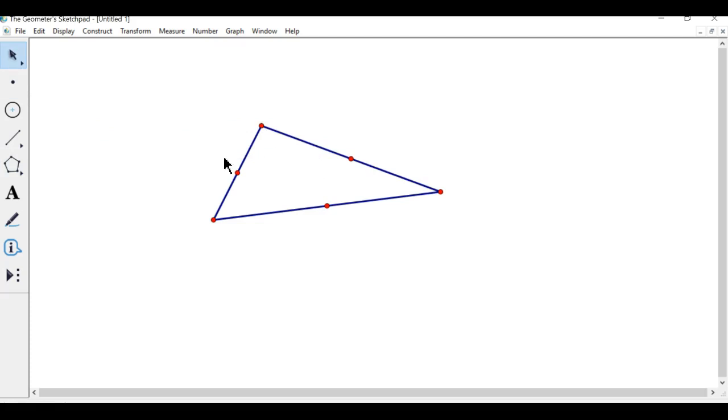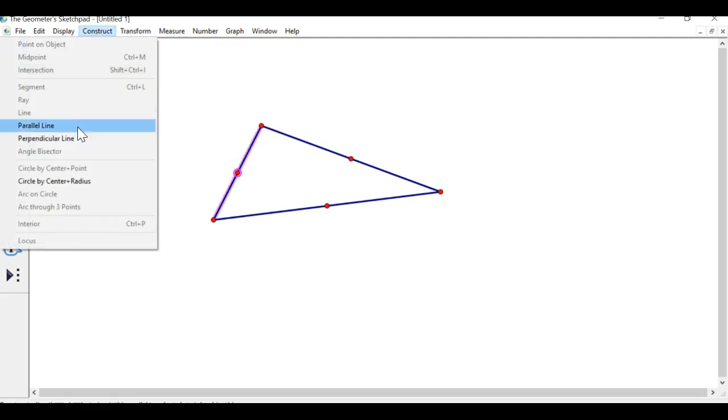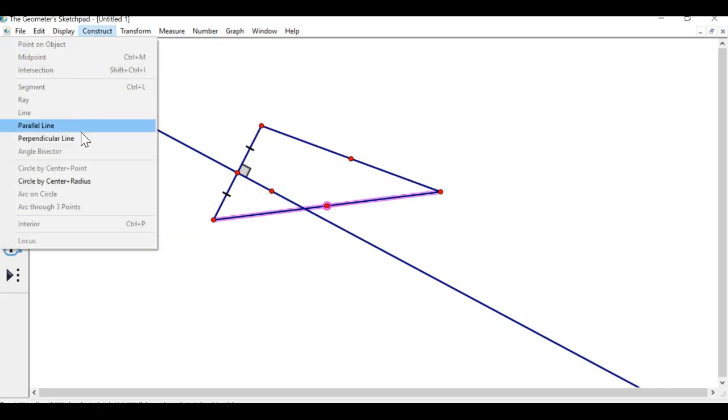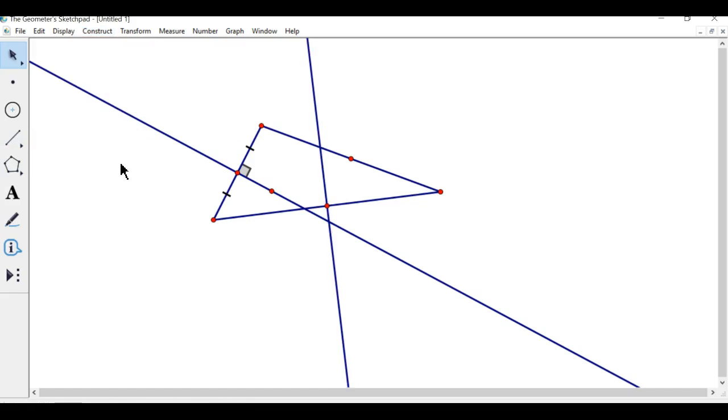For each of those midpoints and sides, I'm going to construct a perpendicular line, which is now a perpendicular bisector for that side. I'm going to construct one for this side, going through its midpoint. So that too is a perpendicular bisector.